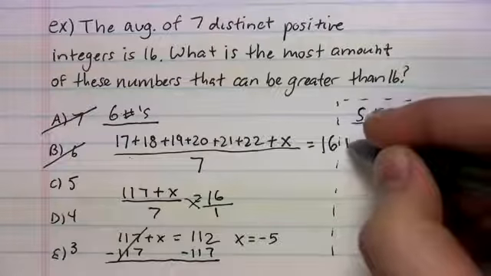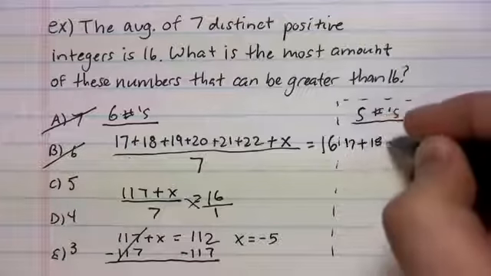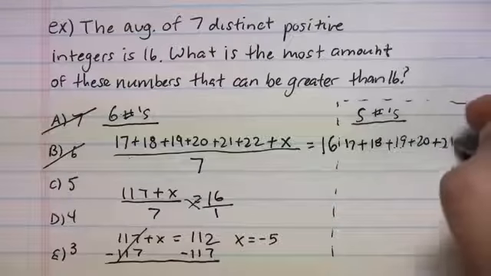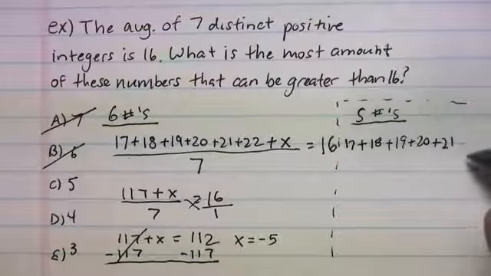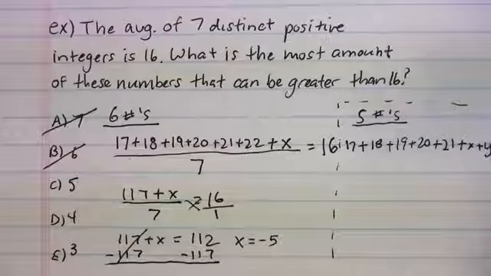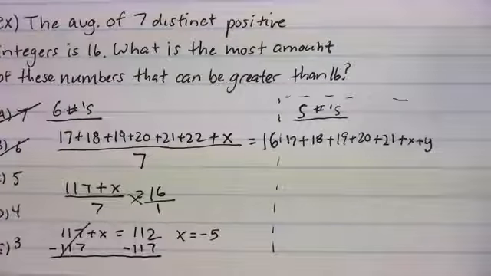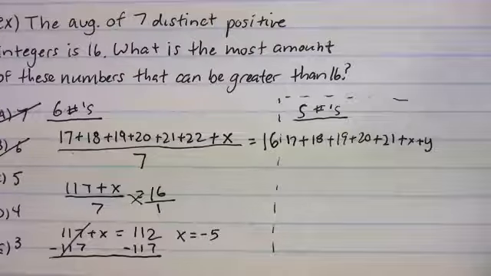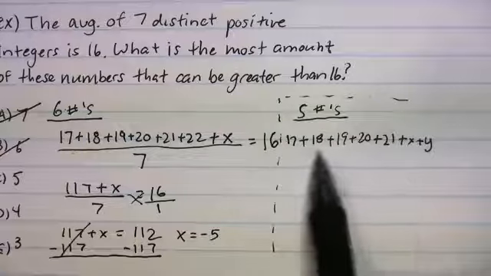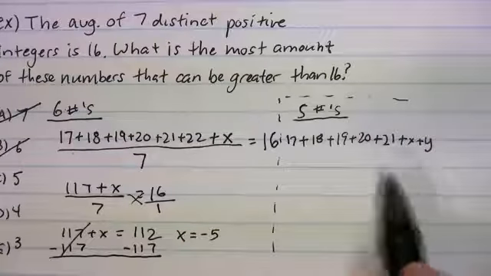So that's going to be 17 plus 18 plus 19 plus 20 plus 21. That's only 5 numbers, so we still have 2 more, plus x plus y. Let me just move it over. So there's our numbers. We have the 5 above, and then we have x and y.